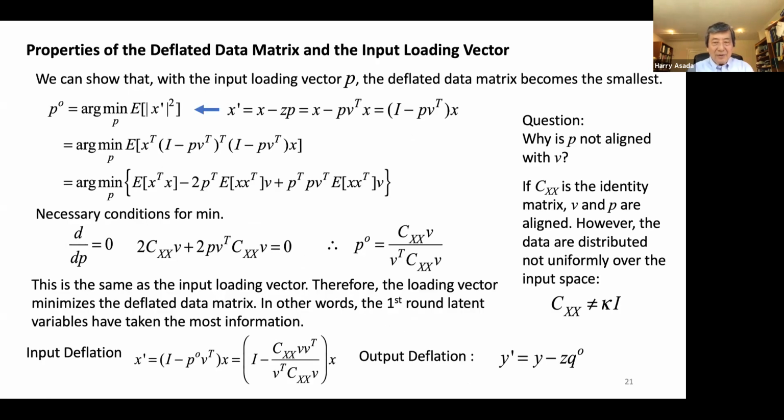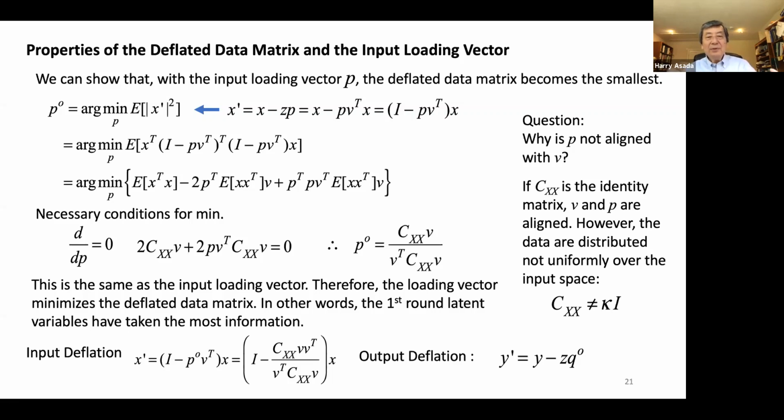So now, this part we need to think a little bit deeper. To help you understand what we are really doing, let's look at some properties of the deflated data matrix and the input loading vector. Interestingly, we can show that by using the input loading vector P, the deflated data matrix becomes most compact, compressed.